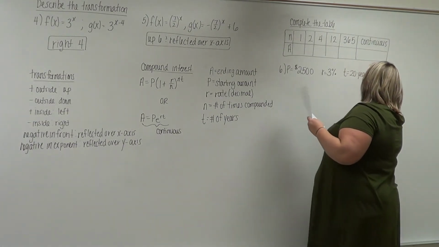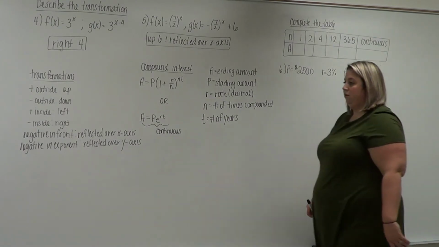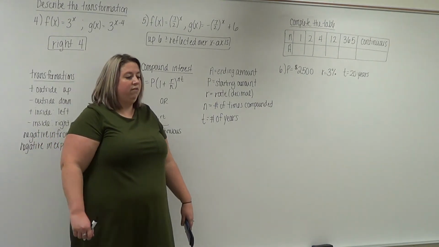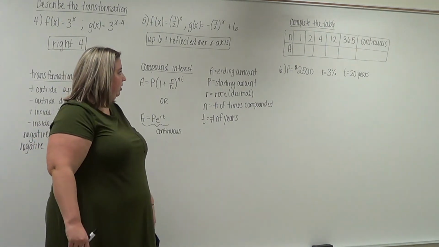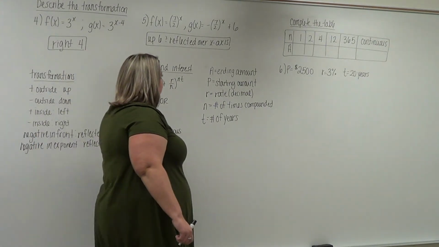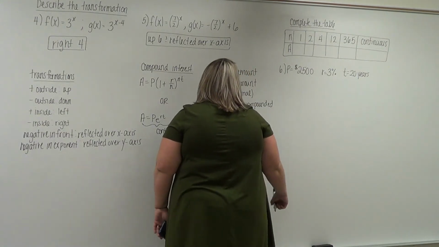You're going to have a chart, and it's going to give you N. I'm going to try and find A, and then this is my P, my R, and my T. Now, I'm not going to find all of these, we'll just find a couple of them for examples. Which one do you want to find? 1, 2, 4, 12, or 365 first?